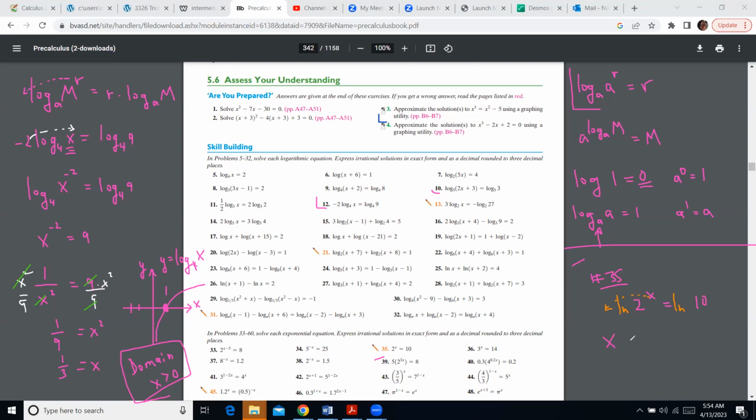When I want to find x, I need to put x like a factor multiplied by something. And then I can divide both sides of this equation by ln of 2, just like that. And we got the answer. X is equal to that fraction.